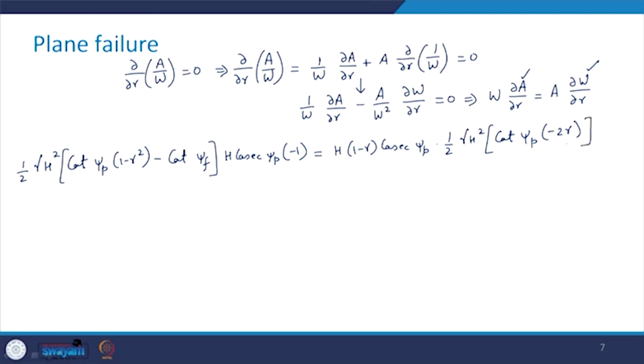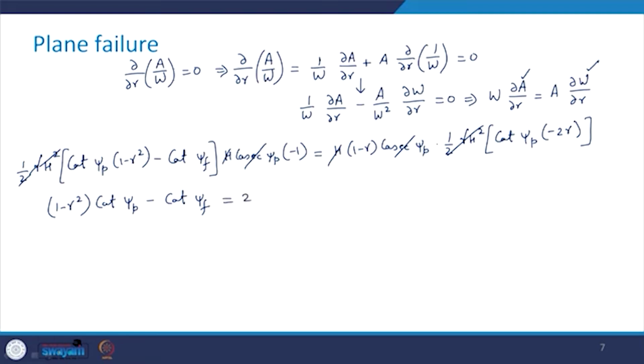This is the expression that we will get. So, you see here half gamma h square and half gamma h square will cancel from both sides. This h and h will go, cosec psi p will also go. So, we will be left with the expression like (1 minus r square) cot of psi p minus cot of psi f.